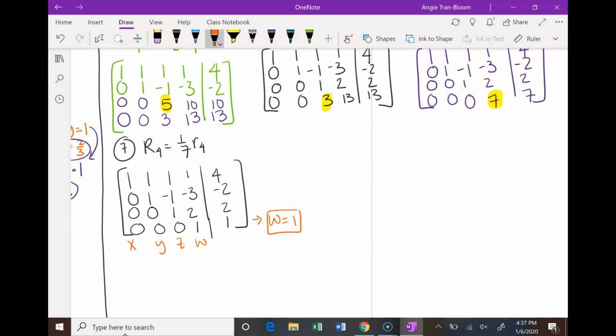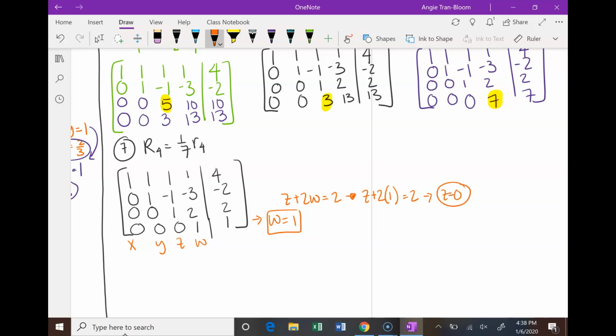We have 1z plus 2w equals 2. If you know what w is, this will allow you to solve for z. z plus 2 times 1 equals 2. That means z is going to be 0.